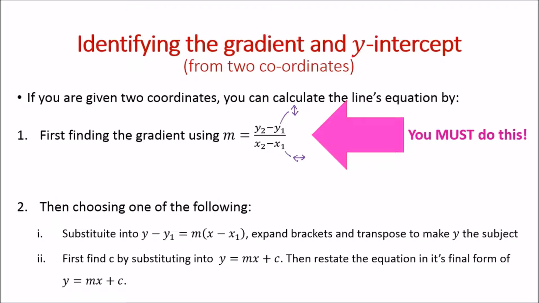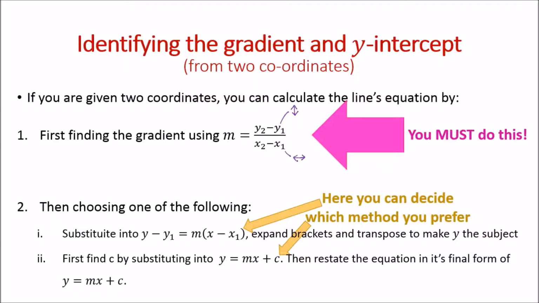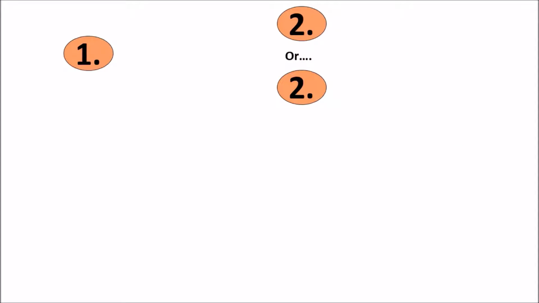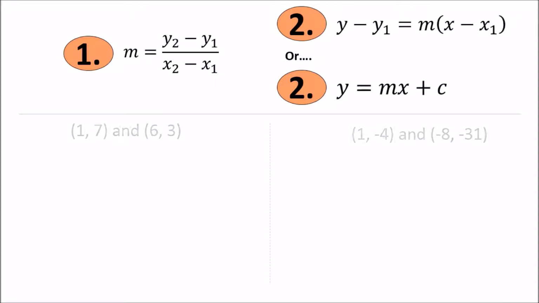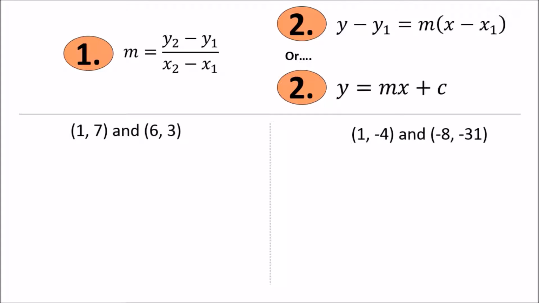But as I said, with step 2 you have a choice of which method you would prefer to use, and it's up to you which one you feel more comfortable with. So to reiterate, the first step is finding the gradient, which you must do, but then you have a choice between using point slope form and slope intercept form. I'm going to show both of these on the current slide.